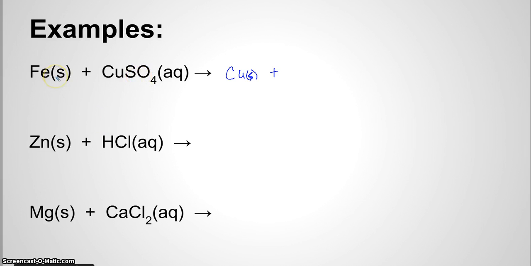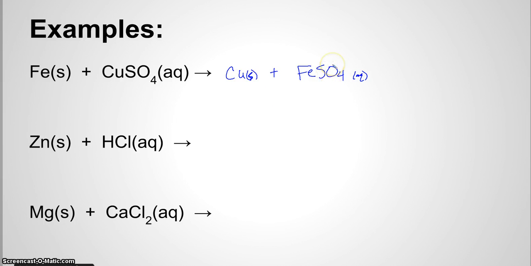Now iron can be +2 or +3. Usually you'll be told in that particular example to know which one to use. Here we'll use iron 2. So iron has a +2 charge. Sulfate has a -2 charge. It becomes aqueous. Okay, so there you go. That's our balanced equation. Iron plus copper sulfate yields copper plus iron sulfate.